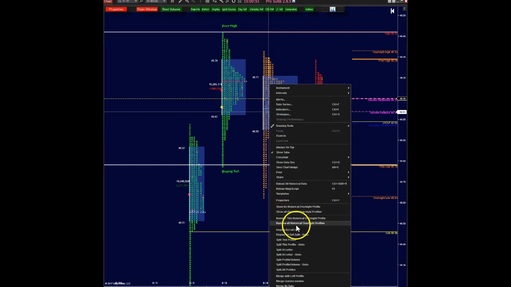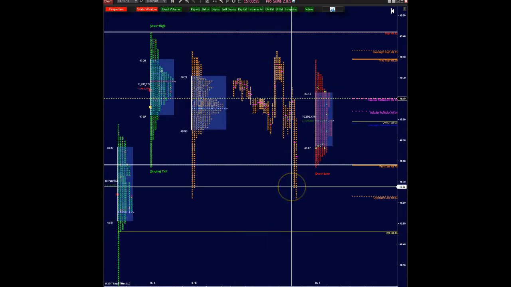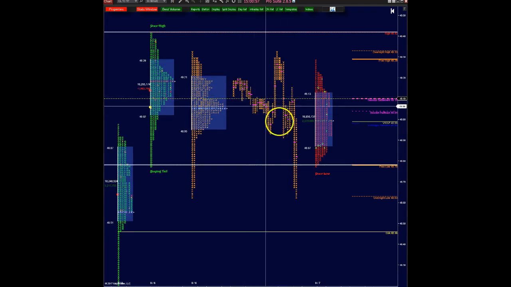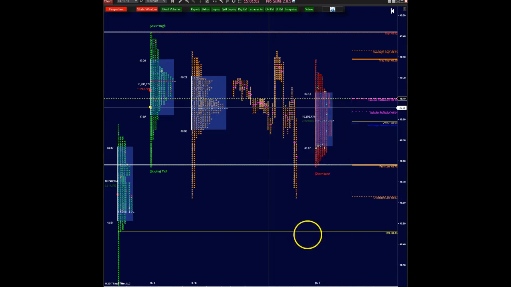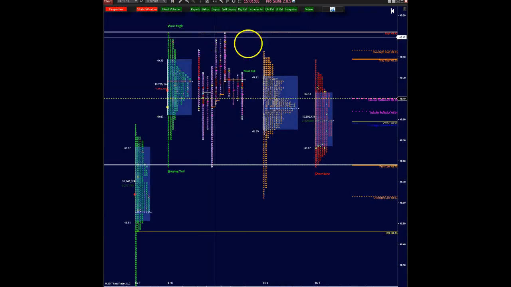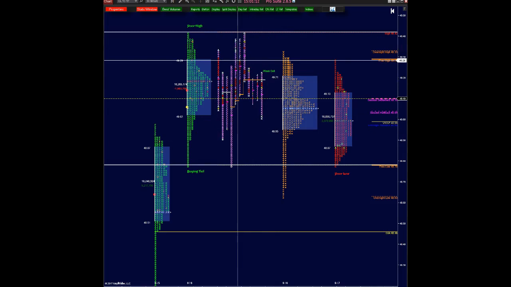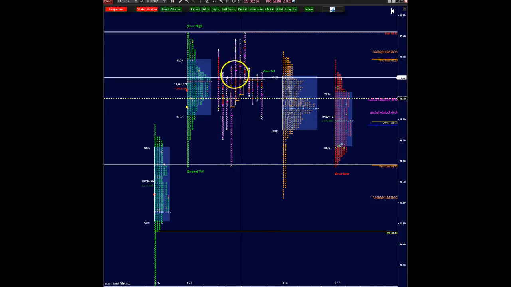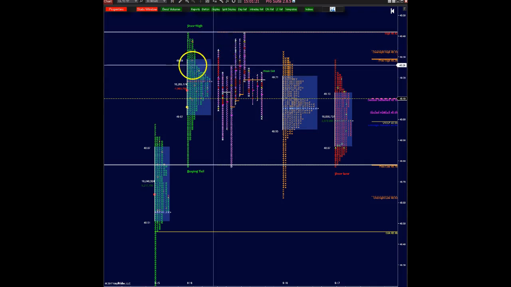I'm going to just split this profile to show you what kind of formation we had overnight. So clearly a short inventory there. Yesterday, obviously, was a balanced day, so kind of a balanced inventory. When you face a balancing day, usually it means that you have both short and long inventory.